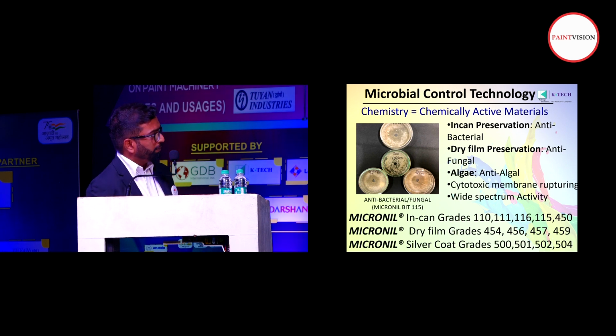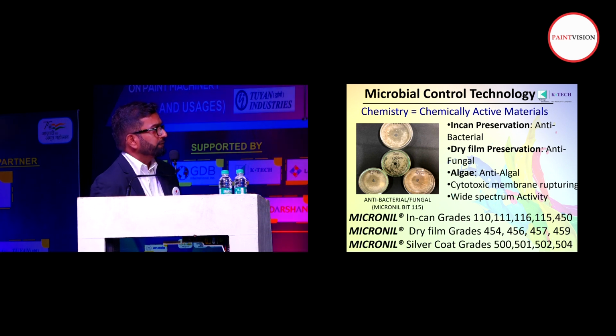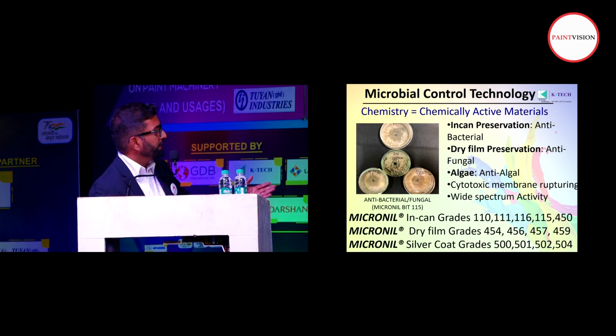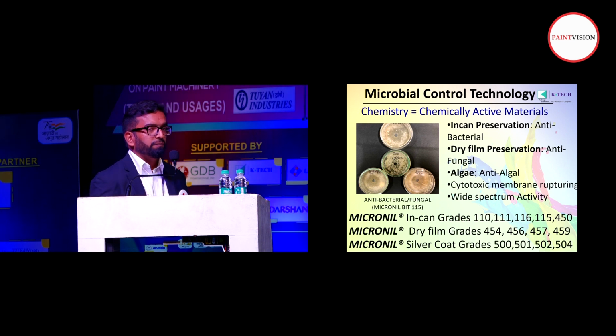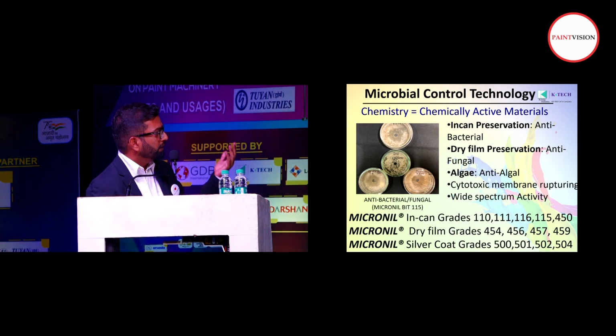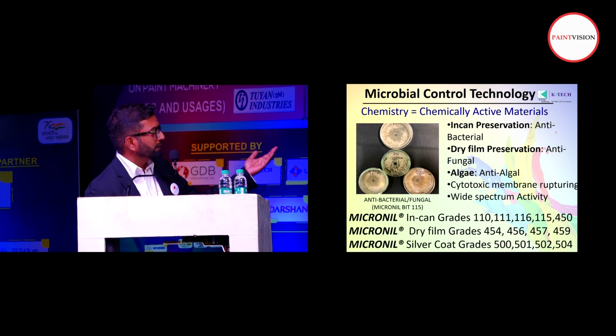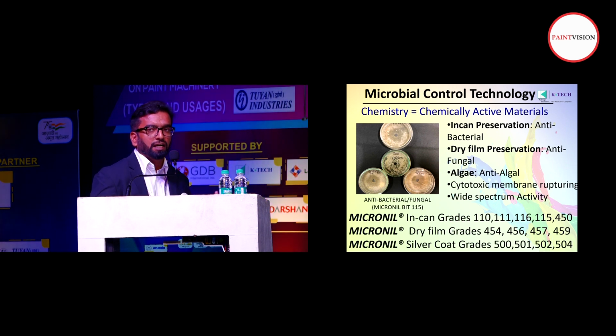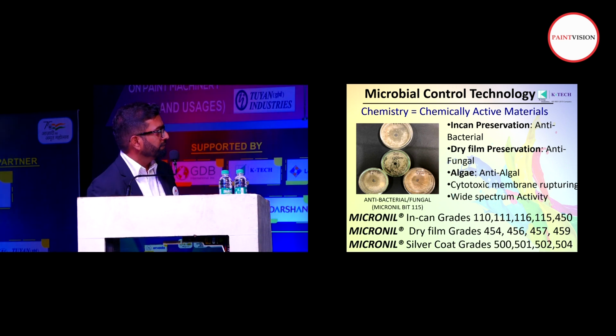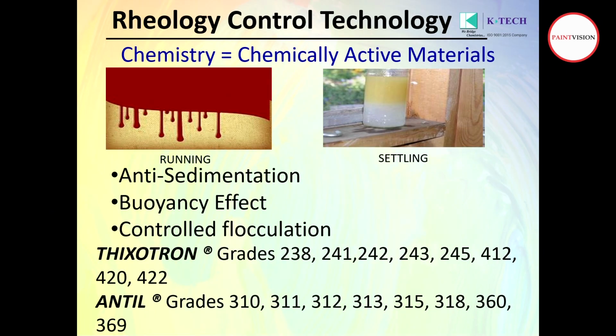These are microbial control additives which we give under the brand of Micronil: in-can, dry film, anti-algae, antimicrobial, on various chemistries, CMIT, MIT, ZPT, OIT, combinations, IPBC. There are various wonderful products designed accordingly, and also on nano silvers.